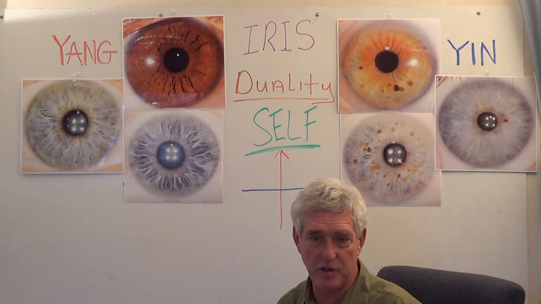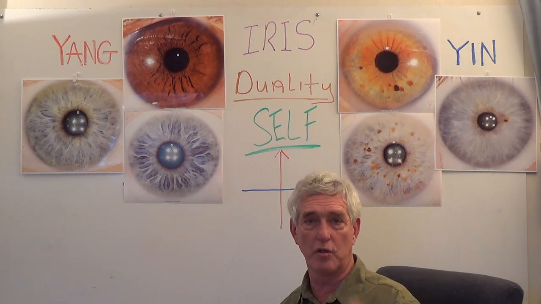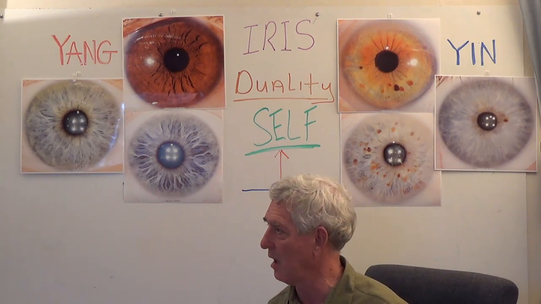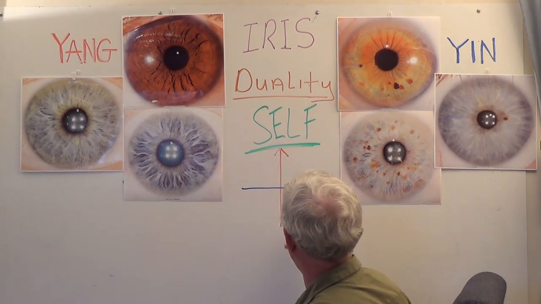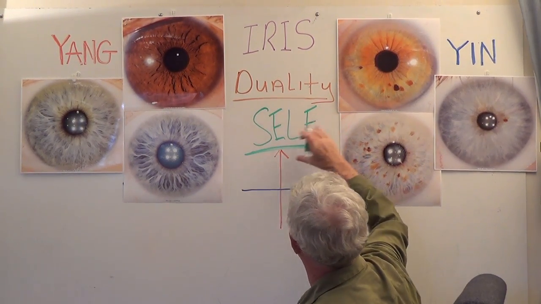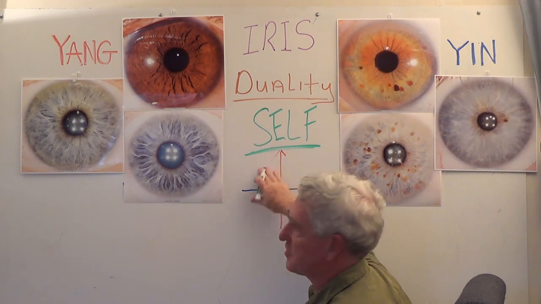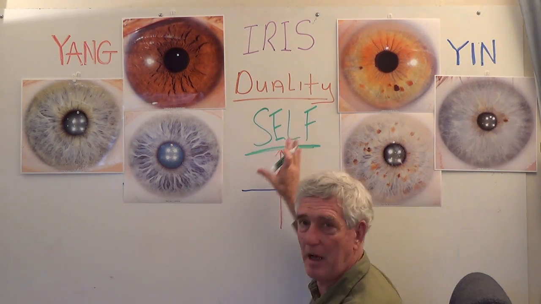So my definition of the self is the soul, your definition might be the spirit, the alma, whatever else you want to call it, by some other words, doesn't matter. So this is what it's about, iris duality and the discovery of and the learned experience about the self.